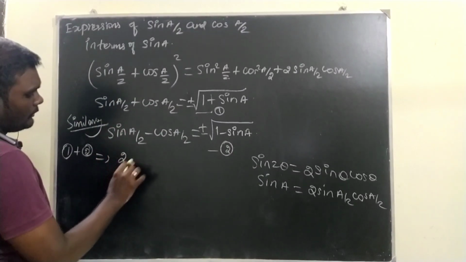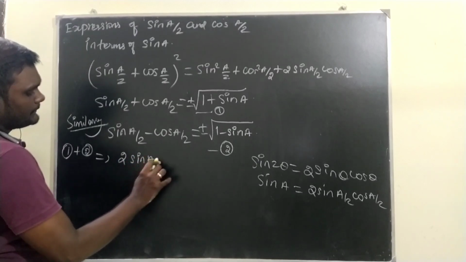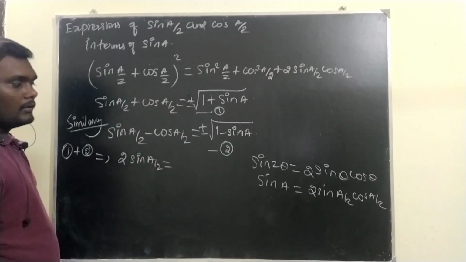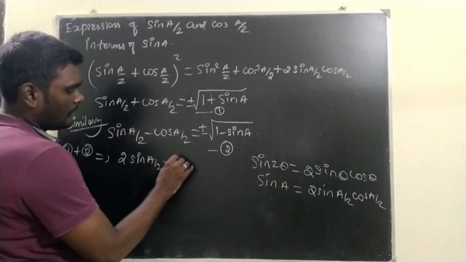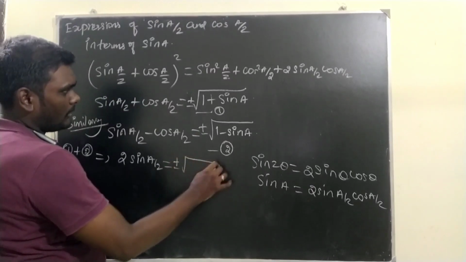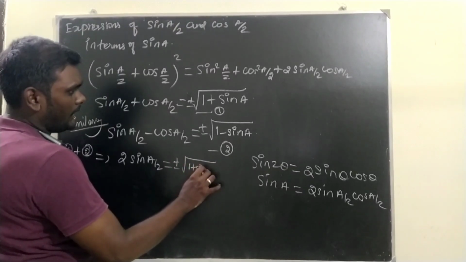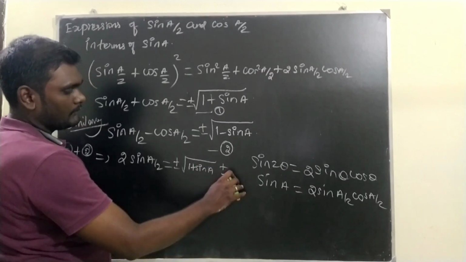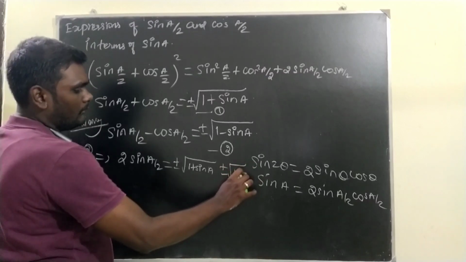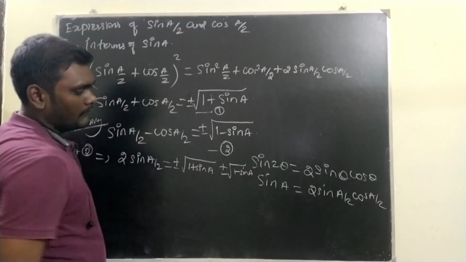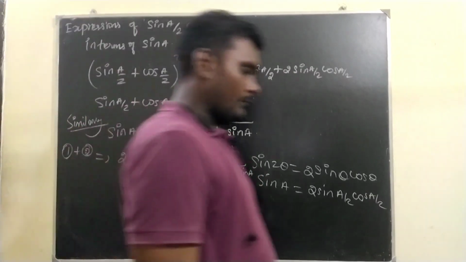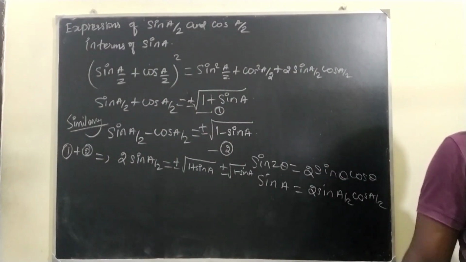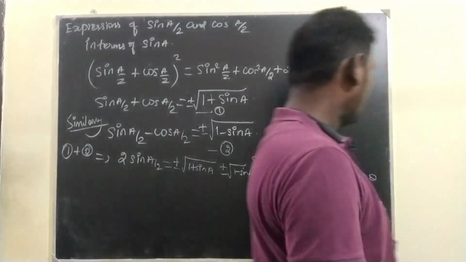You will be having 2 sin A by 2 equals plus or minus root of 1 plus sin A plus or minus root of 1 minus sin A, right? Then that is the value of sin A by 2.